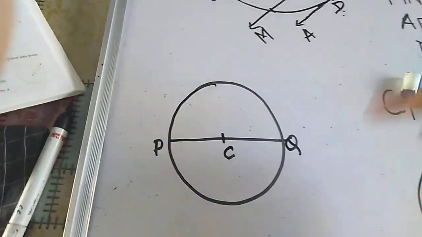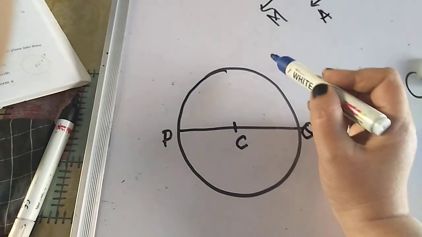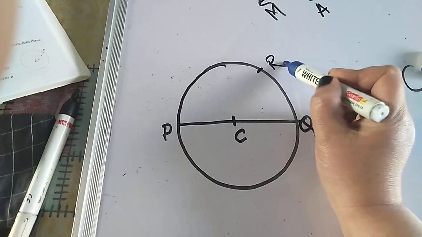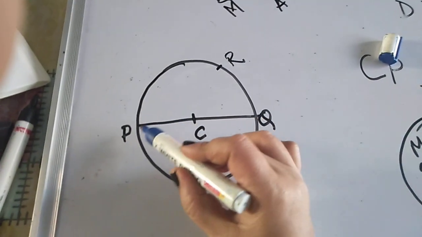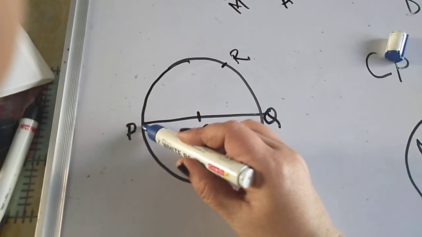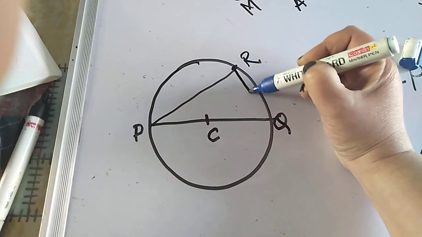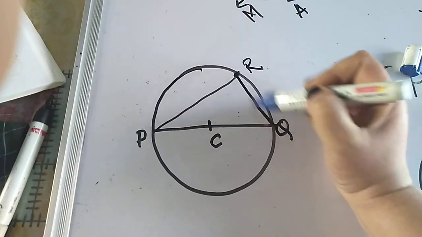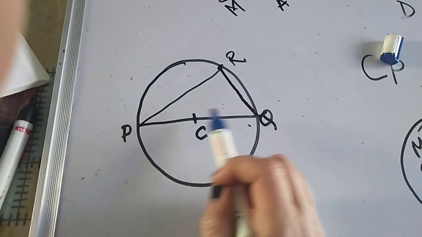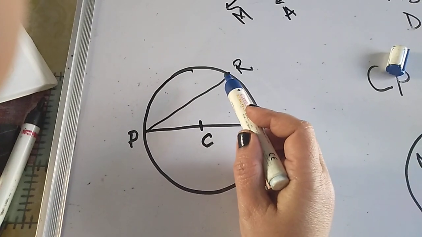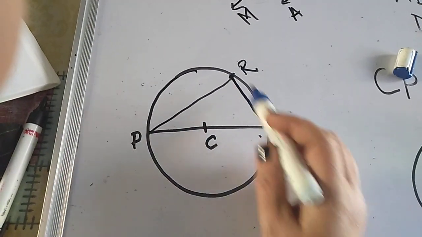Now, the angle which this diameter subtends at any point on the circumference: suppose I take this point as R, then this diameter is subtending the angle PRQ at the point R. PRQ is the angle which the diameter subtends at any point on the circumference of a circle.